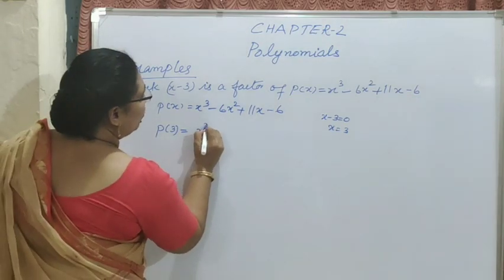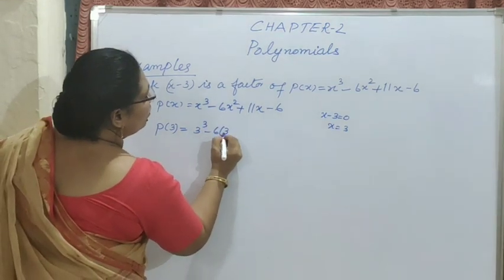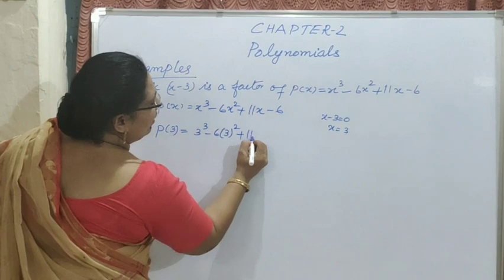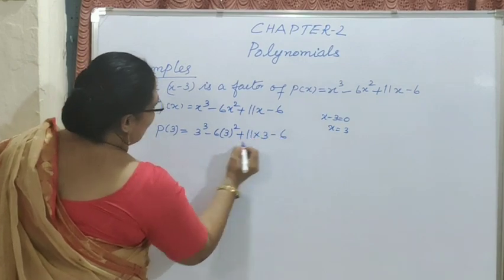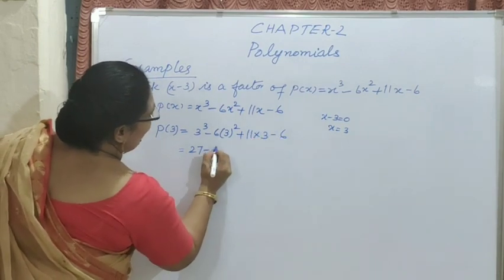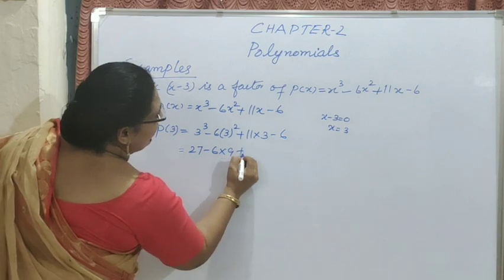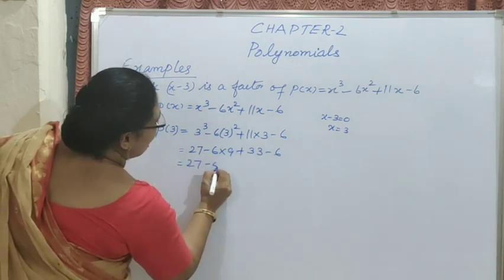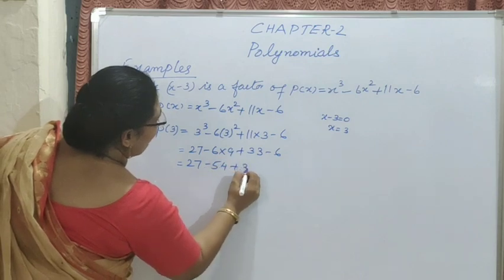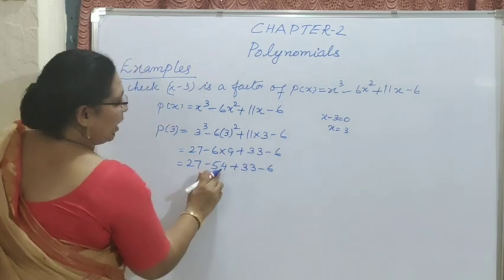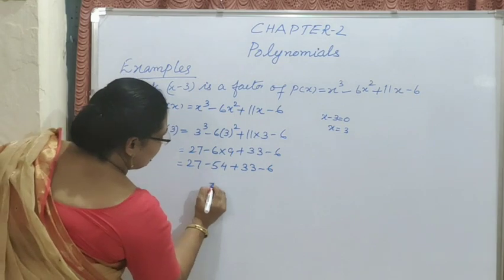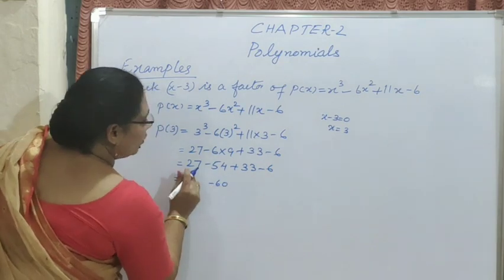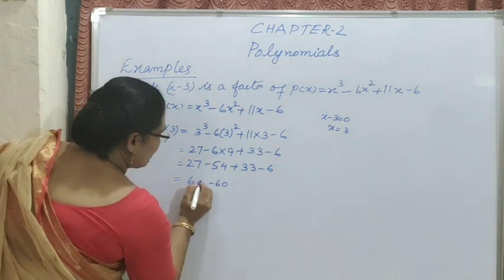So 3 cube minus 6 into 3 square plus 11 into 3 minus 6. So 27 minus 6 into 9 plus 33 minus 6. So 27 minus 54 plus 33 minus 6. Minus 54 minus 6 is minus 60. Then 27 plus 33 is plus 60.